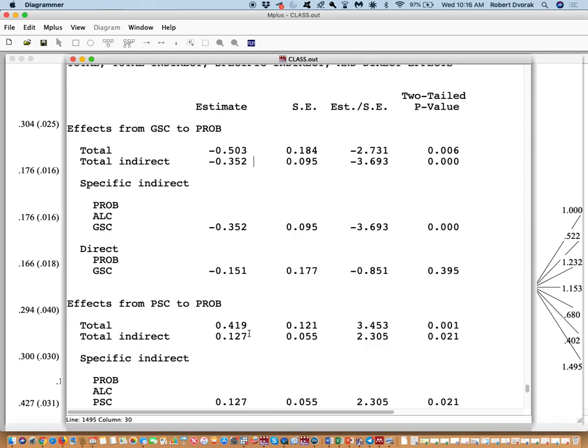We're just doing it ourselves now rather than having Mplus do it for us. We created those parameters ourselves. I wanted to run this to show that this is what Mplus is doing: it's just multiplying these things out. You don't need to ever use model indirect if you don't want to. As your models get more complex, you won't be able to use model indirect anyway. It only works with the most basic types of structural equation and path analysis models.